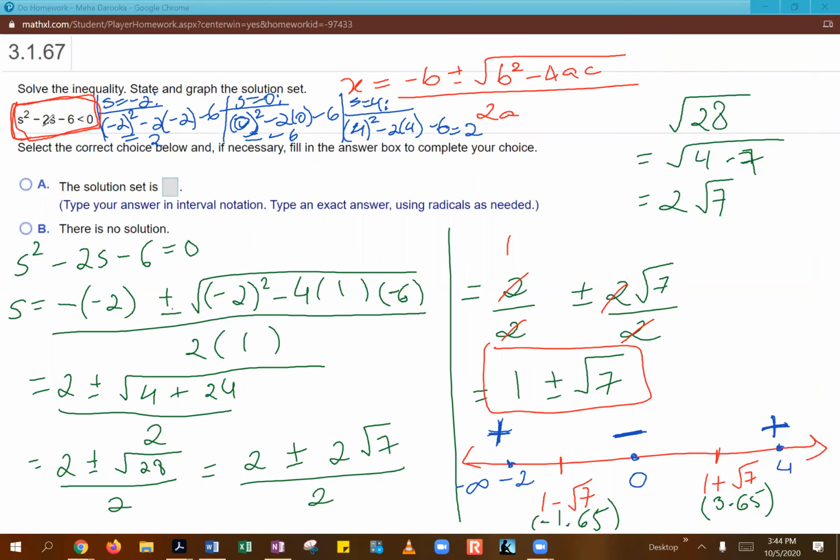So what do you think you will select as your solution set over here? Where is our inequality going to be less than 0 at?